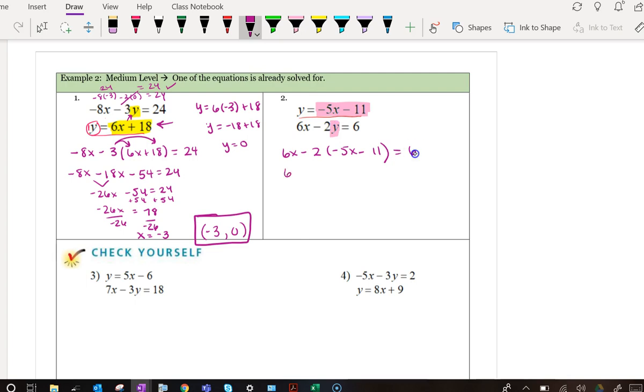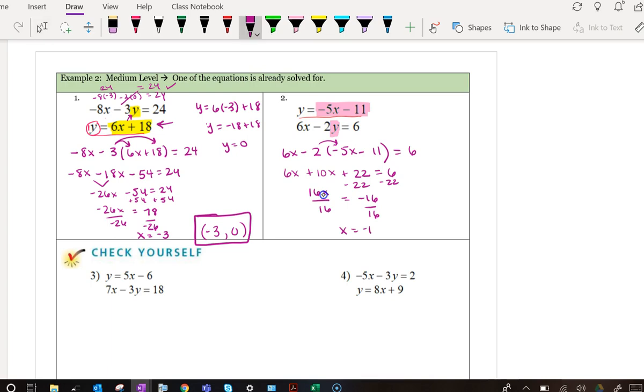So 6x distribute. So you get a positive 10x plus 22 is equal to 6. 16x minus 22. So we get equals negative 16. Divide by 16. X equals negative 1.